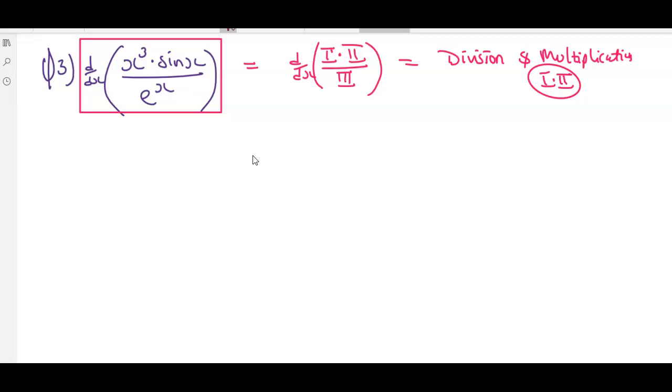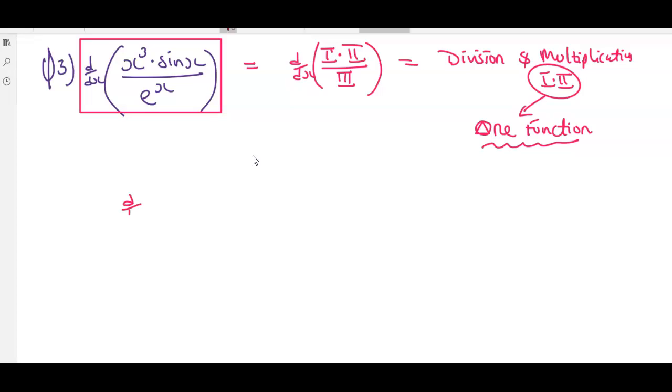So what I am supposed to do, I have to treat this function as one function. Then later on I'll be multiplying it. Then I will be applying the product rule. Let's see how.